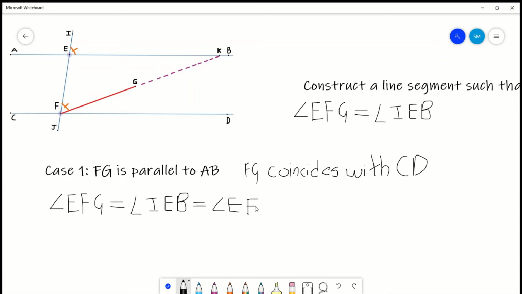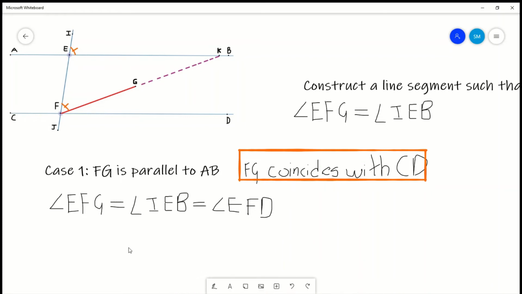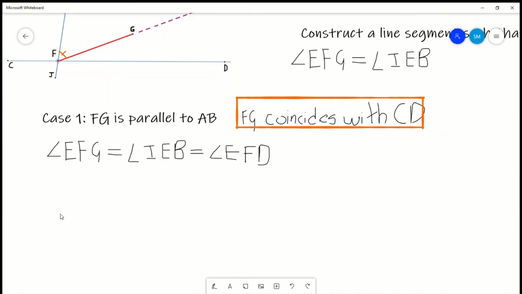I'll explain why. Why does angle IEB have to equal angle EFD? Because FG coincides with CD, they will form the same angle. So yeah, now we'll have to deal with case 2.